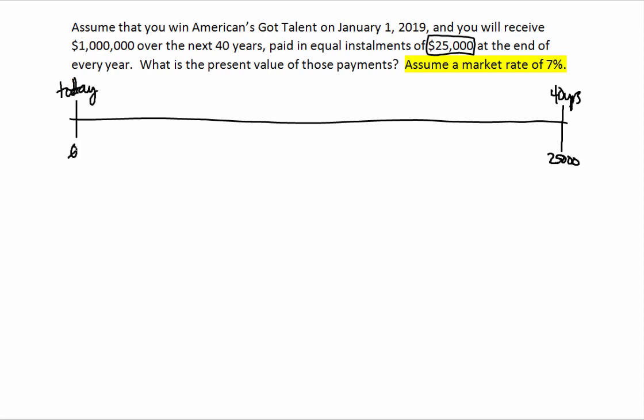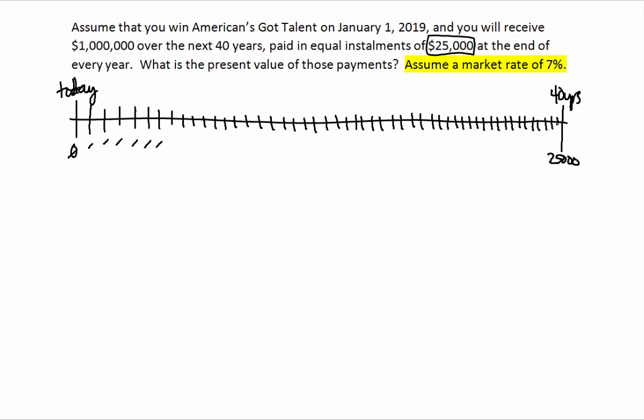She's getting 0, but she's going to get 25,000 here and here and here, at the end of every single year. I probably have not written it 40 times, but let's just assume that she's receiving it.